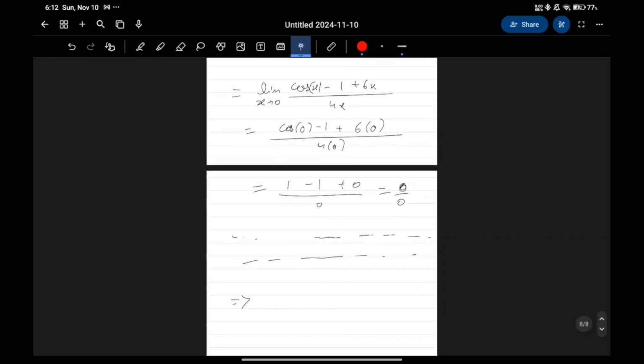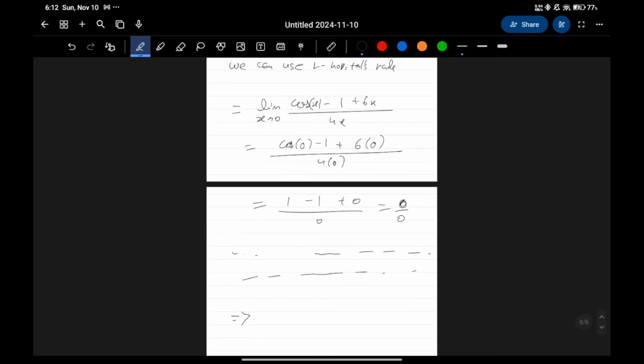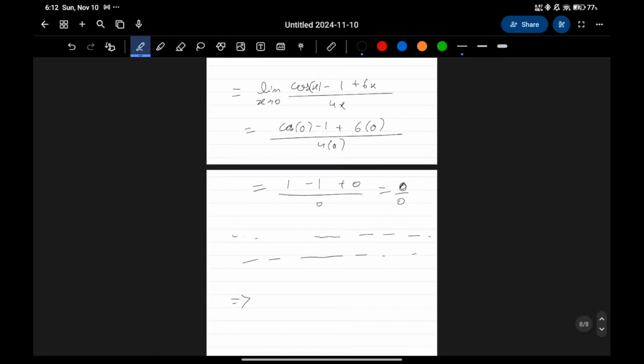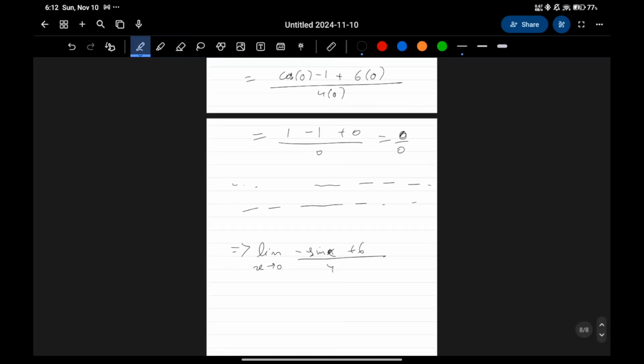So, using L'Hopital's rule, what does it say? Derivative of top, keep it on the top. Derivative of bottom, keep it on the bottom, and test it again. The derivative of cosine is negative sine x, the derivative of 1 is 0, and the derivative of 6x is 6, over the derivative of 4x, which is just 4.